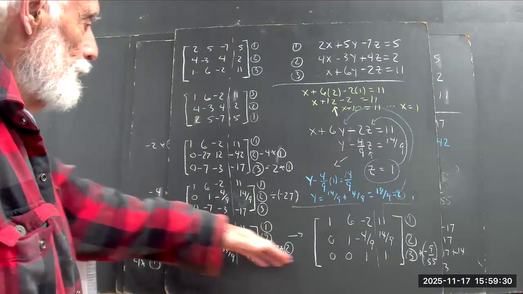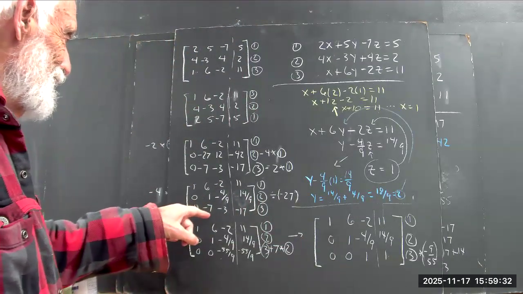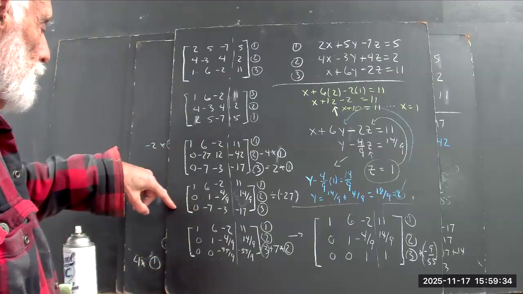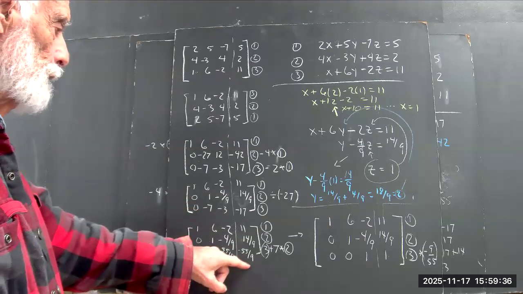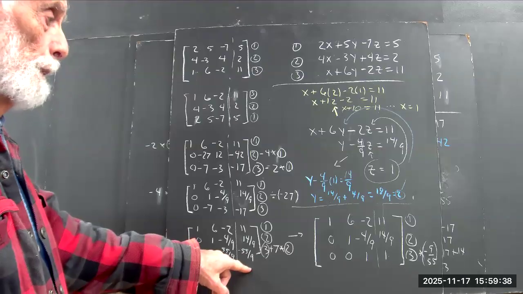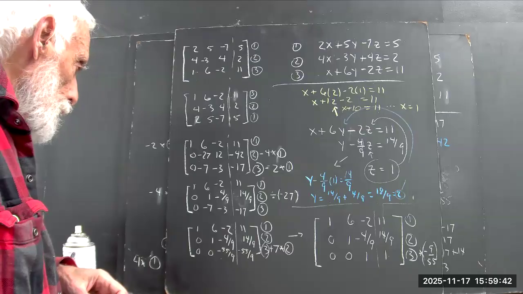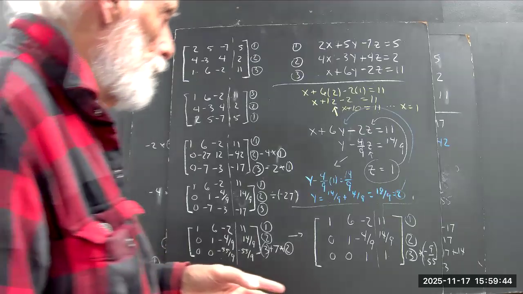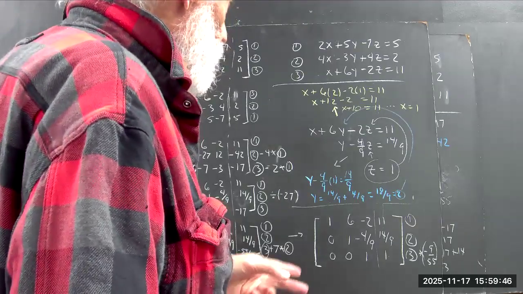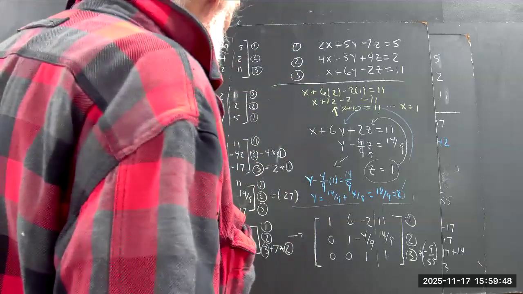Now this process, okay, first couple of steps are pretty easy. When we got down to the fractions, it got a little more complicated. On the other hand, we didn't have to keep writing down our x's and y's.